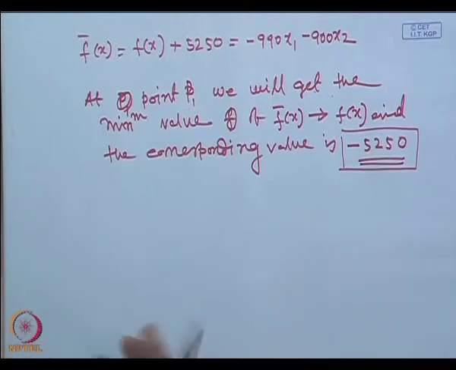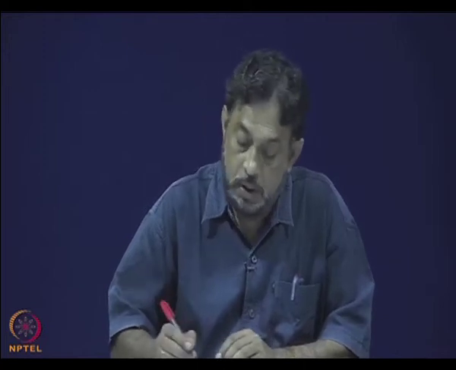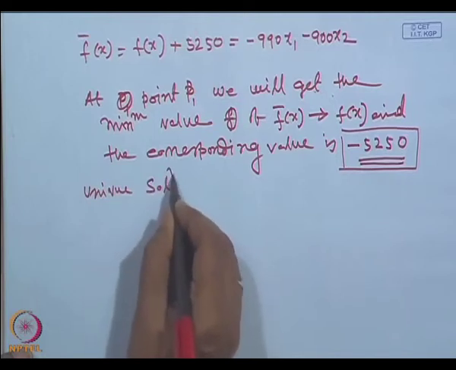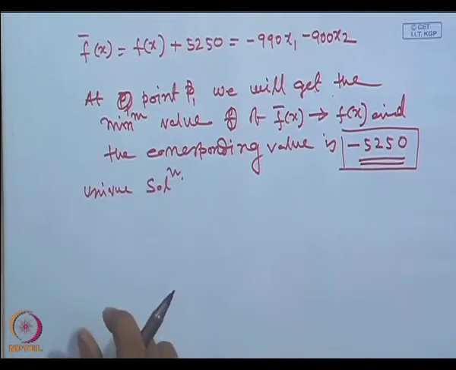If you just recall, you will get a unique solution if the objective function and the constraint have dissimilar slopes.